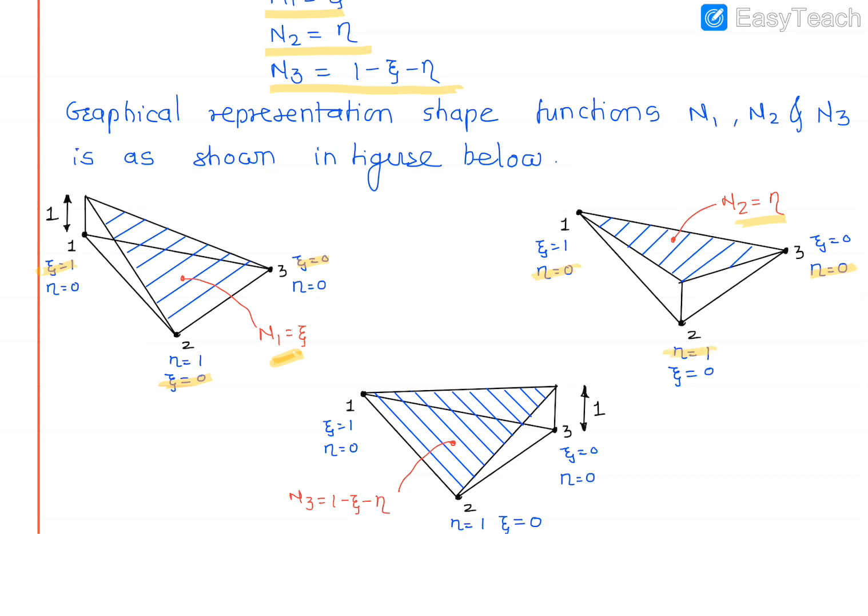And similarly, 1 minus zeta minus neta means at node 3 it will have value 1, because it will be 1 minus 0 minus 0, so ultimately it will become 1, whereas at the other two places it will be 0 and 0. So this is the graphical representation of shape functions in natural coordinate system. Thank you.